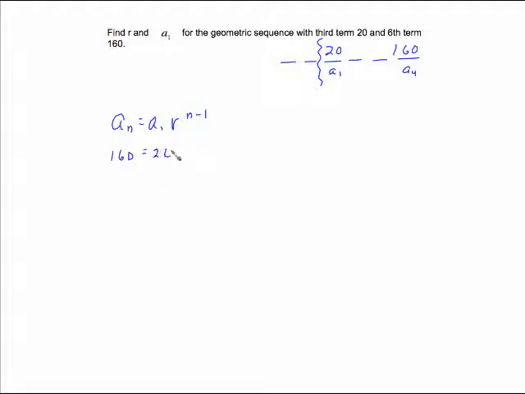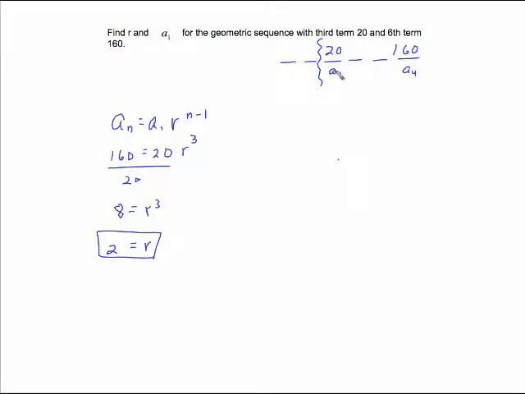A1 is 20. The R I don't know, but I do know from my little partial sequence that there are 1, 2, 3, 4 terms. So this is raised to the third power because 4 minus 1 is 3. Divide both sides by 20, and I get 8 equals R cubed, which means R is 2. So I found the common ratio pretty easily.